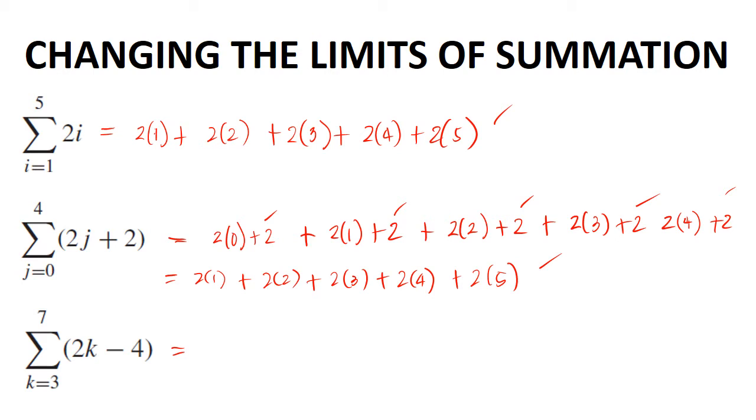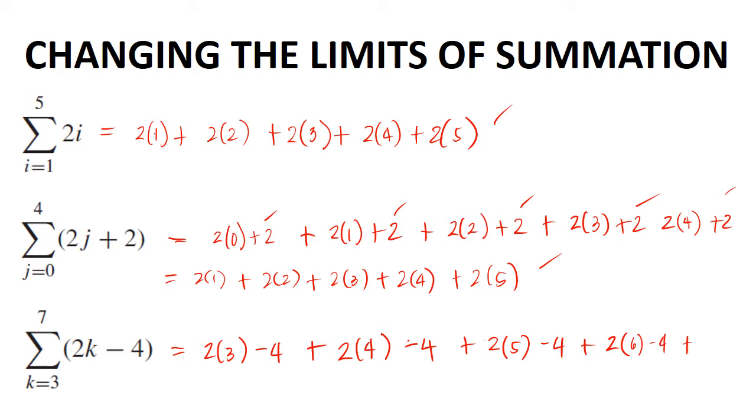So, for number 3, we try to solve. We get 2 times 3 minus 4 plus 2 times 4 minus 4. Ang dami pala nito. Plus, dapat nilakihan ko yung sulat ko. 2 times 5 minus 4 plus 2 times 6 minus 4 plus 2 times 7 minus 4.